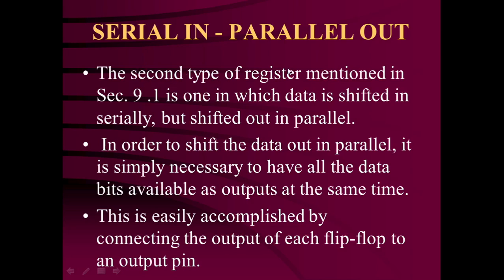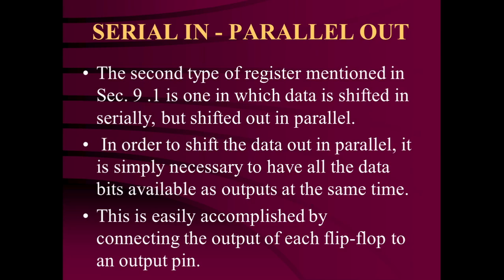The second type of register mentioned in section 9.1 is one in which data is shifted in serially but shifted out in parallel fashion. In order to shift the data out in parallel, it is simply necessary to have all the data bits available as output at the same time. That means this type of shift register will have one input, a serial data input.